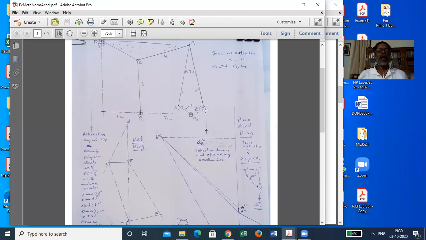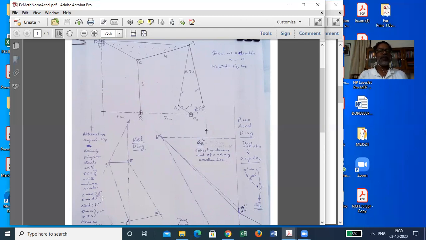Okay, and you measure this on your paper, these many millimeters, and you know that it will be 2 centimeter per second. Equate them, you get the scale of the velocity diagram. And the moment you get the scale, you know this velocity, which you started with, you know every other velocity. So determine all the velocities.